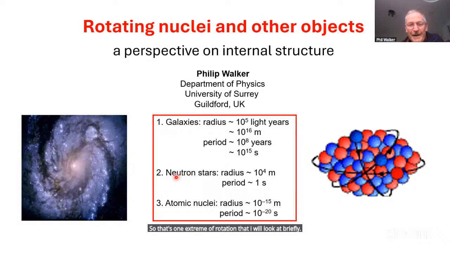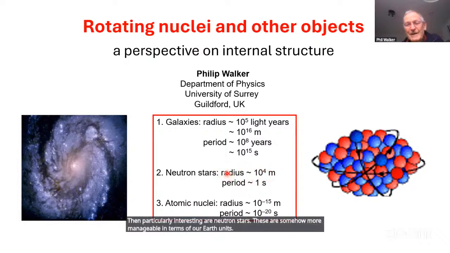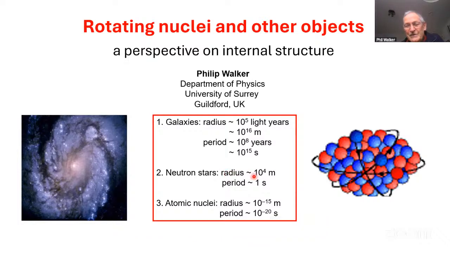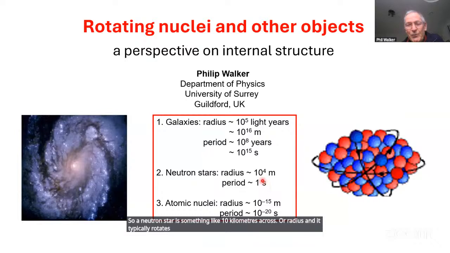Then particularly interesting are neutron stars. These are somehow more manageable in terms of our Earth units. So a neutron star is something like 10 kilometers across, or radius, and it typically rotates with a period of about 1 second.